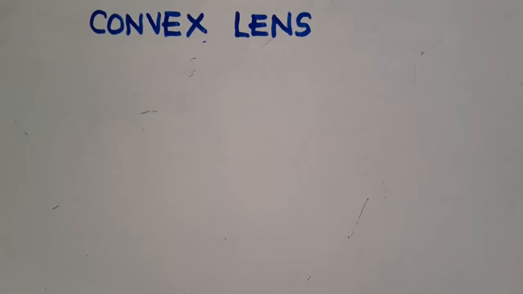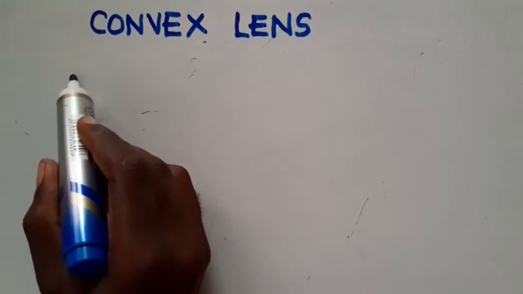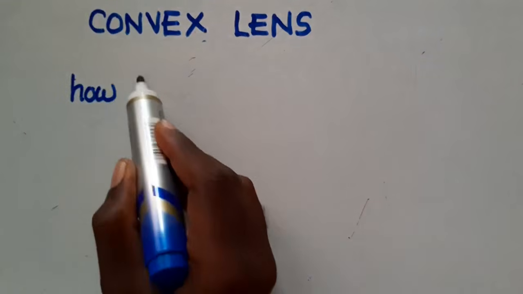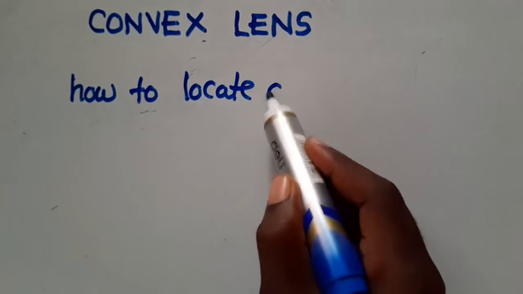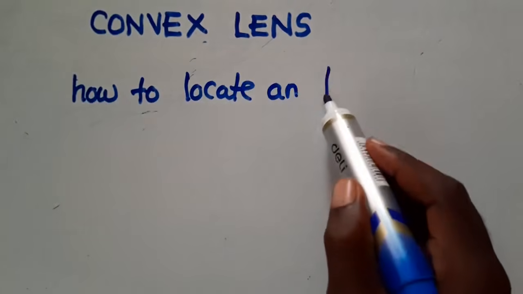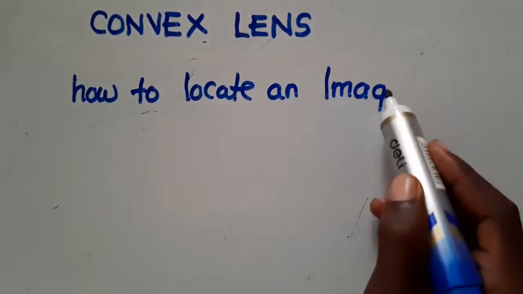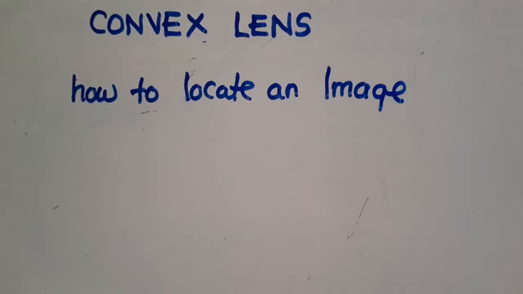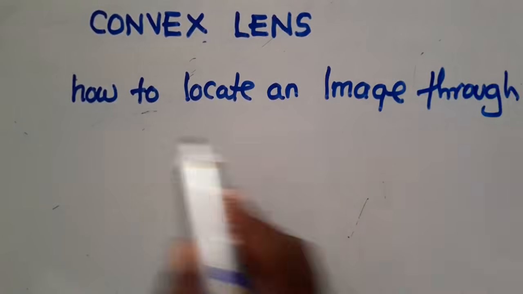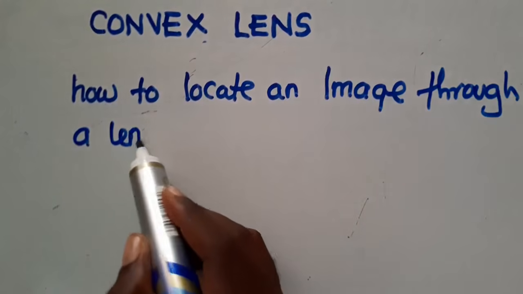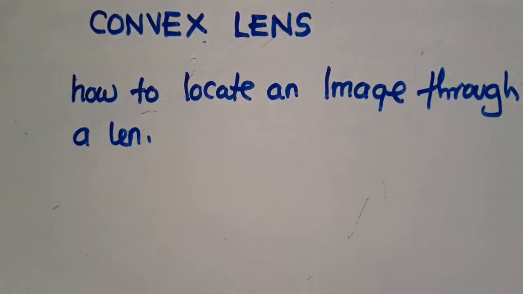So how can you locate an image through a lens?